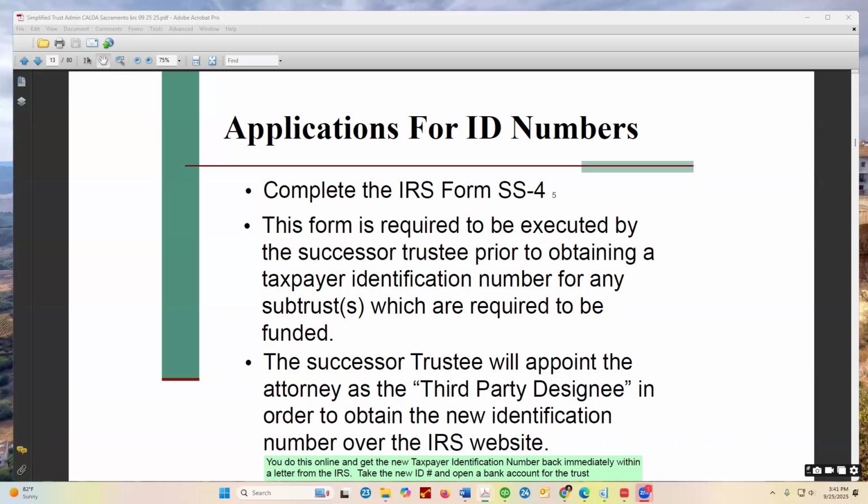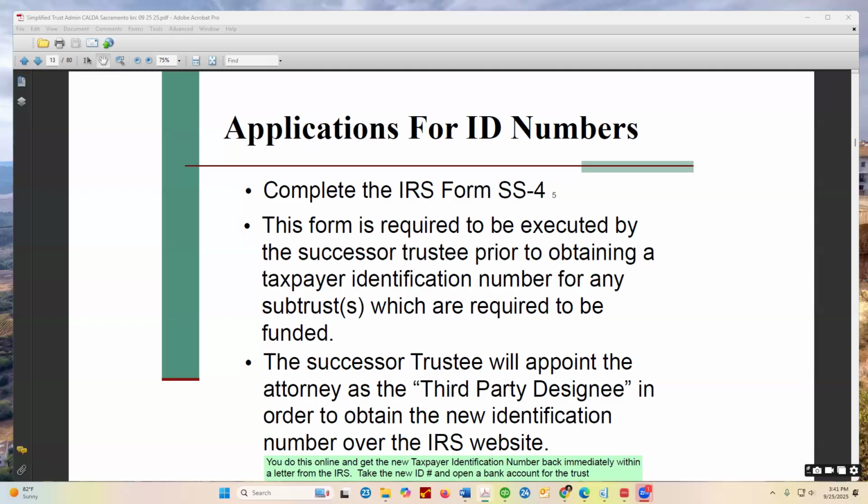But when somebody owns assets in their own name, like they have the house in their own name and it's not in a trust, then the term is called an estate because there's no trust. In the estate, the assets need a federal ID number if it's going to have income over $600 for any one year. And that estate ID number we use for banks and the probate.